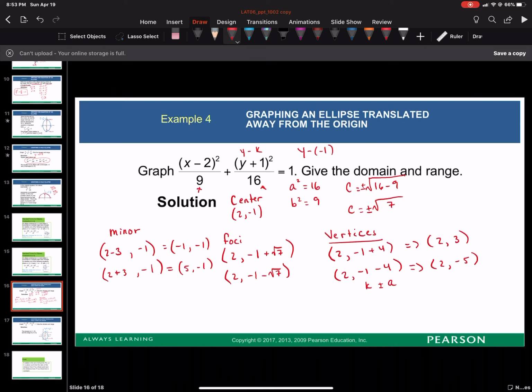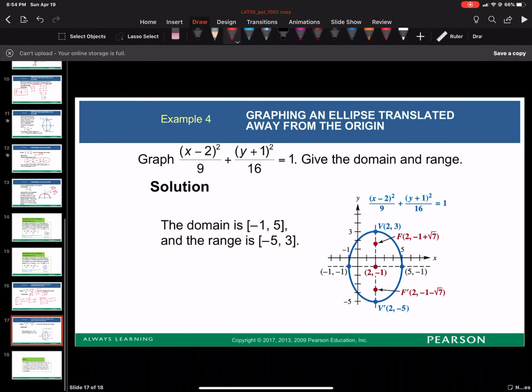The way that I did that, I just took the center, so I got h, then plus or minus b, and then we keep our k. And this one was the h here. So keep that in mind. You got to pay attention to those little things.